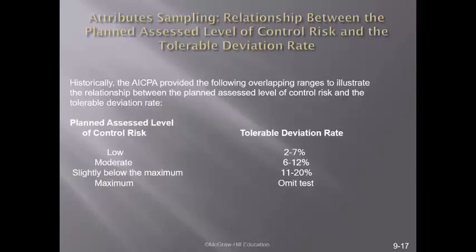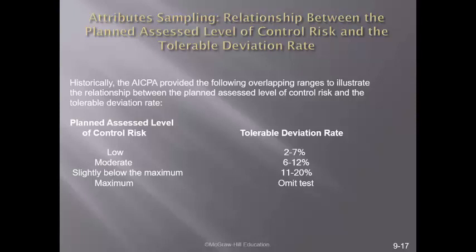The AICPA Audit Guide, Audit Sampling, includes this chart of overlapping ranges to illustrate the planned assessed level of control risk and the tolerable deviation rate. Auditors specify the tolerable deviation rate based on their planned assessed level of control risk and the degree of assurance desired from the audit evidence in the sample.